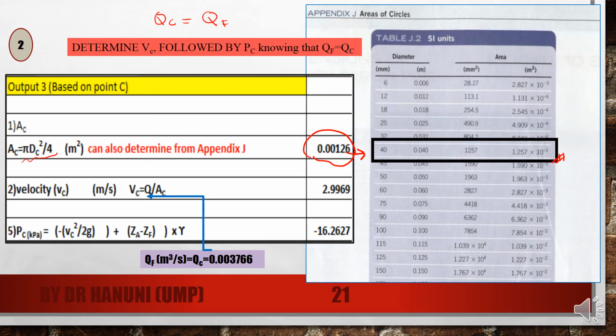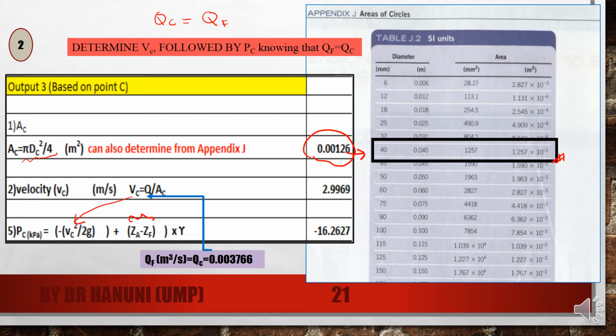Then you just substitute the value. Since ZA minus ZF is negative, have a look at this information in the input, in the slide before. Just multiply with the Y, the specific weight, and then substitute the VC information.